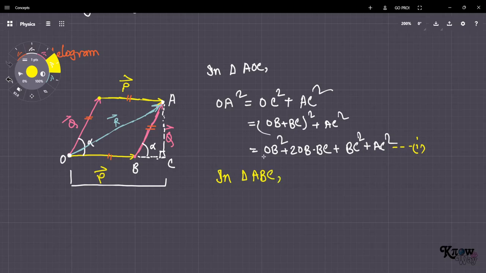ABC. In triangle ABC, what we can see clearly is that AC squared plus BC squared is equal to AB squared. AC is the adjacent and BC is the base, which will be equal to the hypotenuse, AB squared.